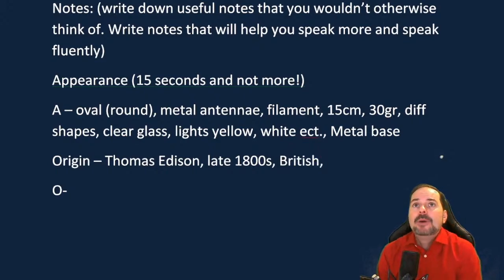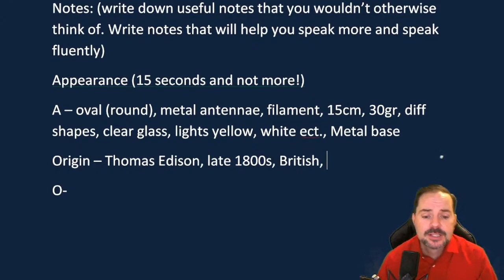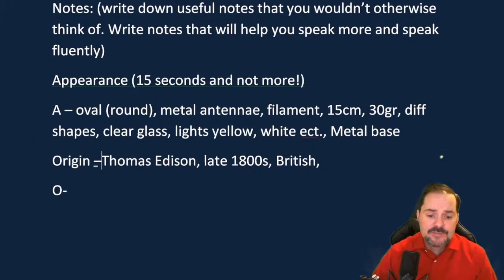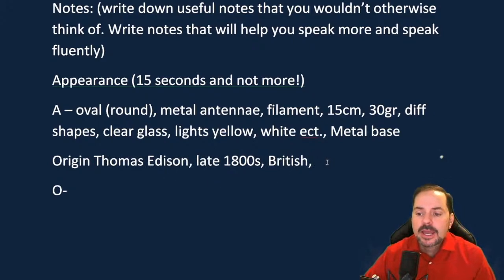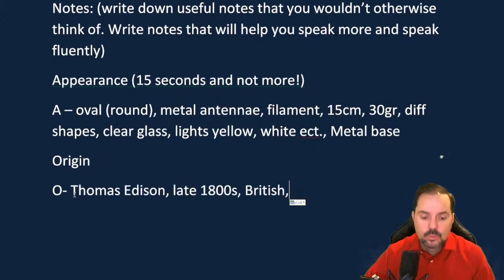Okay, all right, now, where can I get the light bulb from today? Okay, so this is where you want to think outside the box, and when you think about origin, yeah, you can think about the inventor, of course, and you can think about when, right? You're answering the questions on the cue card.